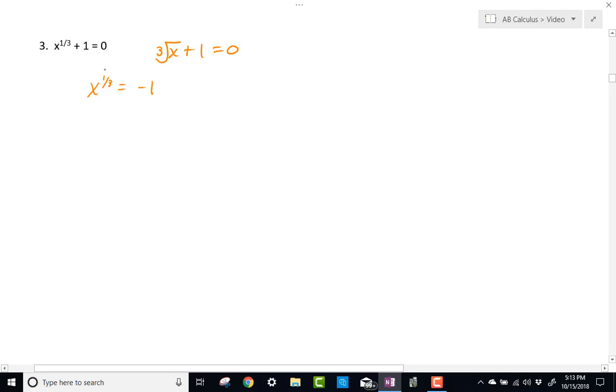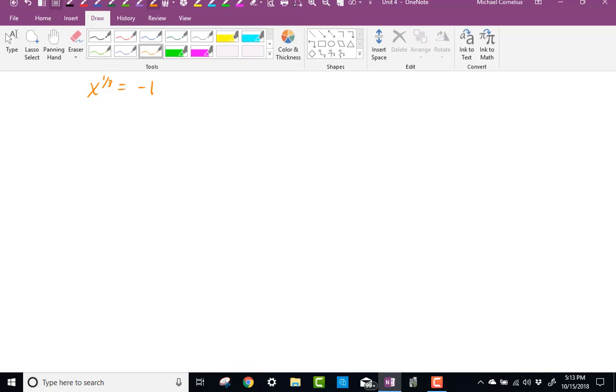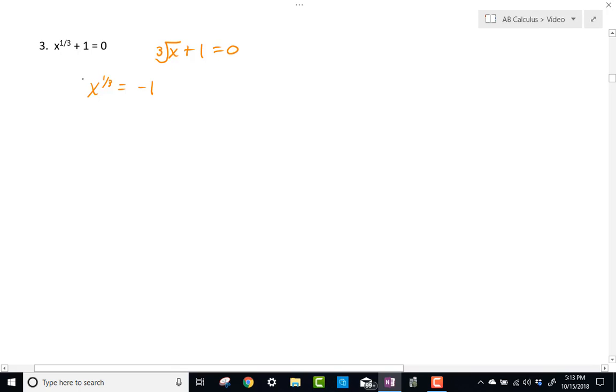To get rid of a 1/3 exponent, we want to raise both sides to the third power. Alright, so that includes the negative with that. So again, thinking about our exponent rules, 3 times the third is 1, so that's x. And negative 1 to the third power is negative 1, so x is equal to negative 1.